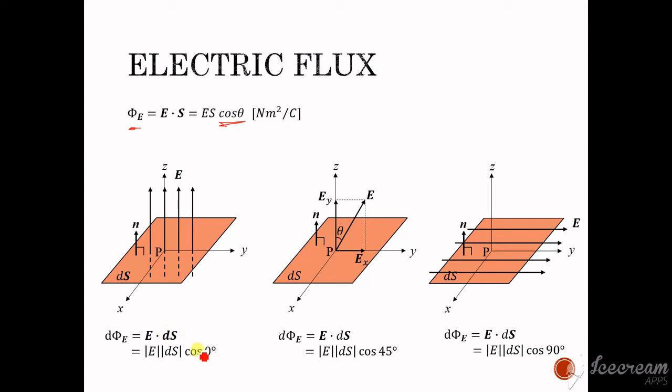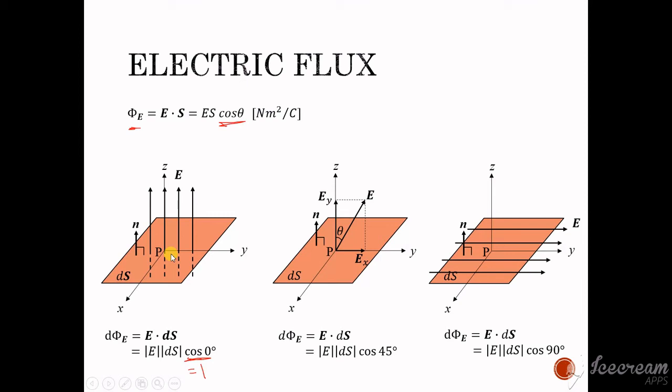Completing this equation over here, cos theta is equal to cos 0, which is equal to 1. So here you will have the maximum electric flux, given by the magnitude of the electric field and the surface area of this differential surface.